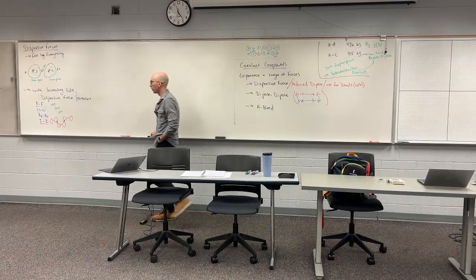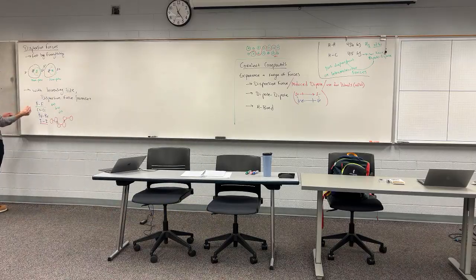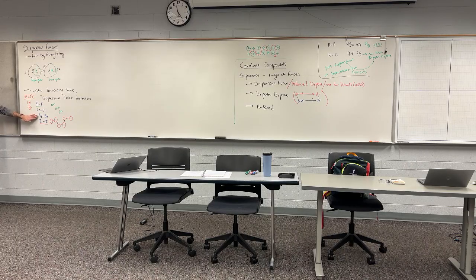Or let's take, for example, the phase of matter that you would find these chemicals in at room temperature, 25 degrees C. Fluorine has such weak interactions with other molecules that at 25 degrees C, fluorine is a gas. Chlorine is also a gas. But for that same temperature, for the same amount of kinetic energy, bromine holds on to other molecules of bromine more strongly. Bromine is a liquid. And iodine, for its size, holds on to other molecules of iodine much more strongly. Iodine is a solid at room temperature.